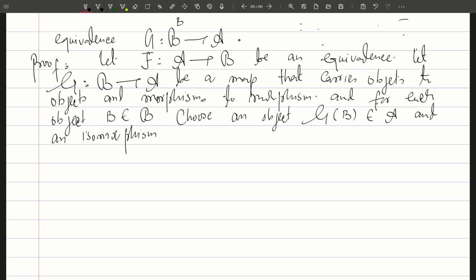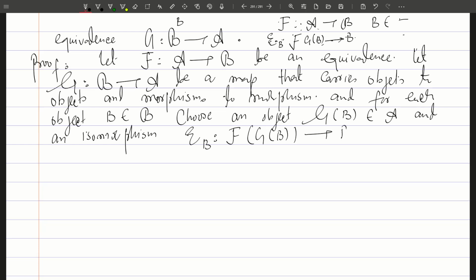So F of G of B is isomorphic to B, which means there is some isomorphism which we denote by epsilon sub B, from F of G of B to B. Now we claim that this G is a functor.